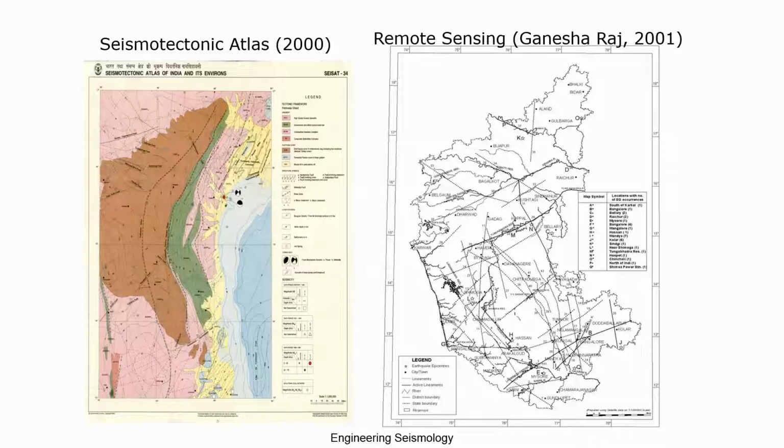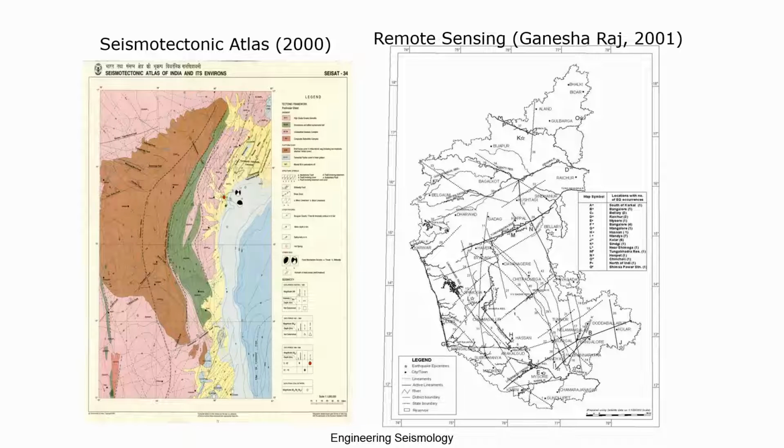Sometimes these maps may be very old. For example, I did my analysis in 2004. The 2000 map was quite new then, but if I do the same now, it is completely old. So I have to look at whether any updated studies have been done on this region.